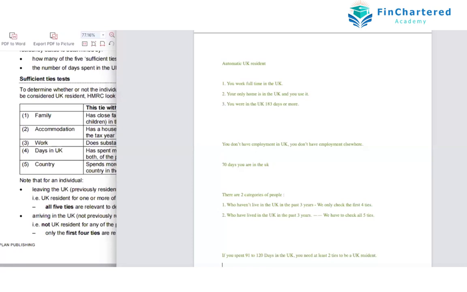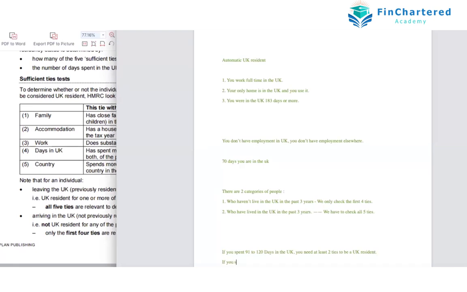But if you spend, say, 151 to 182 days in the UK, then even one tie can make you a UK resident. 151. Okay, I'll talk about 121. I'll just show you that for now. But for now, just write 151 to 182 days.